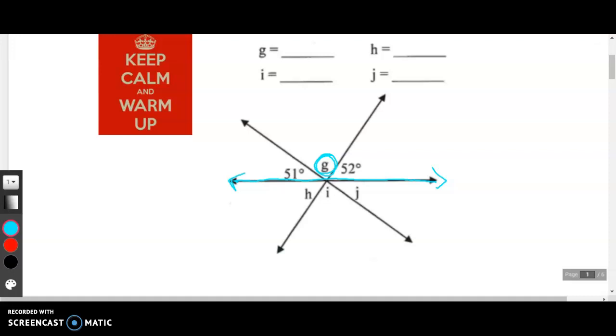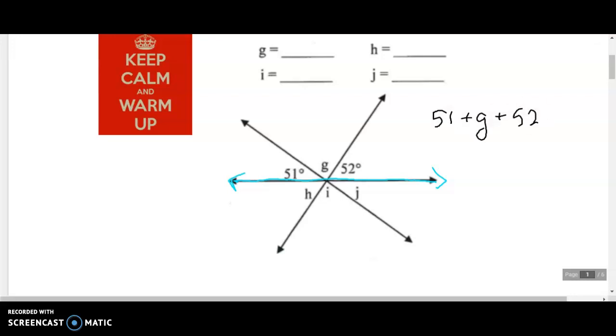If I know this is 51 and this is 52, I know that whatever G is, it's the missing piece to this full line here. And obviously all lines are 180 degrees, so in order to find G, I'm just going to need 51 plus G plus 52.